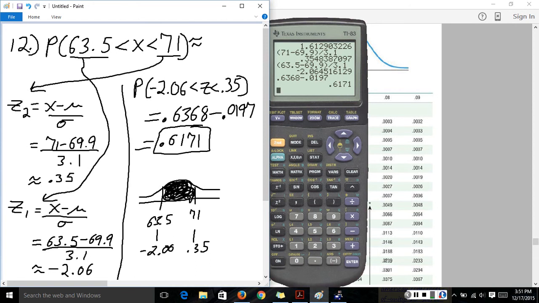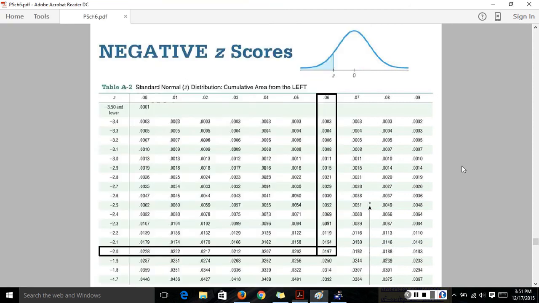I use the table to find that area. The area, of course, corresponds to the probability. So that's how to find probabilities in a non-standard normal distribution using tables. In another video, you'll see how to do it using the calculator.